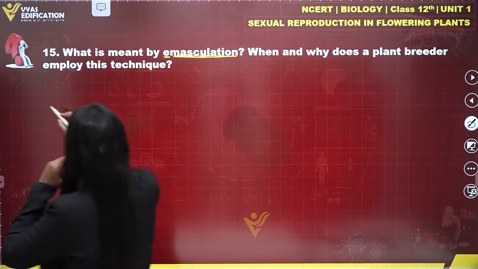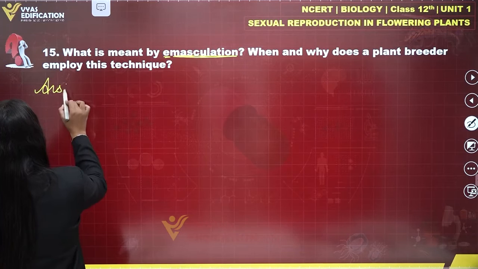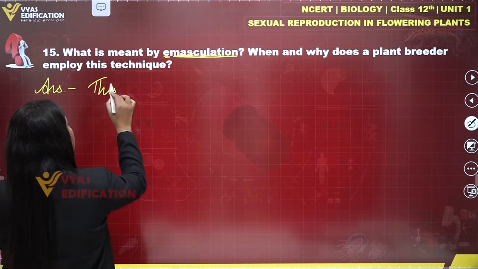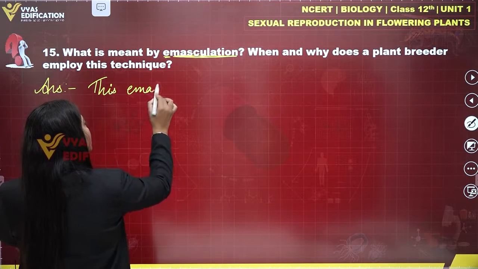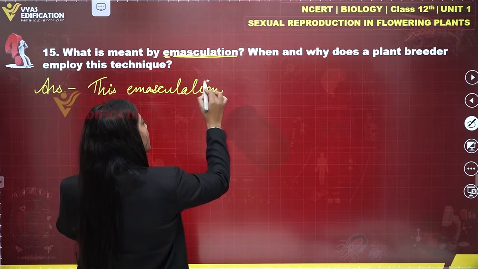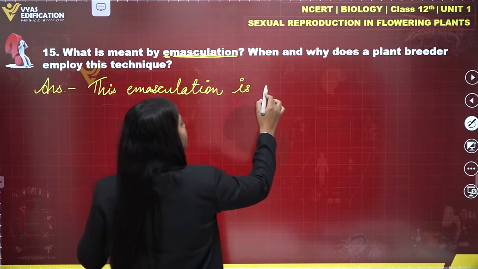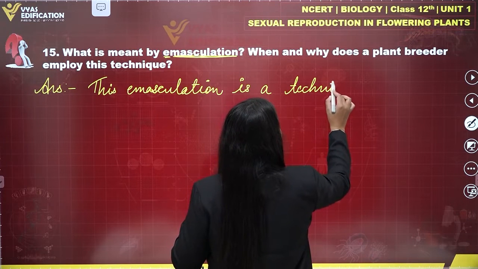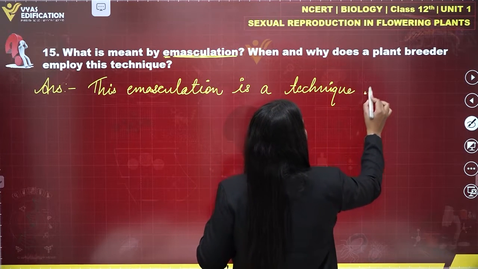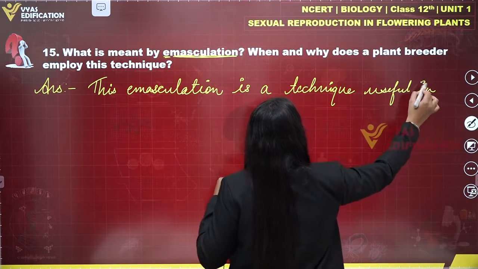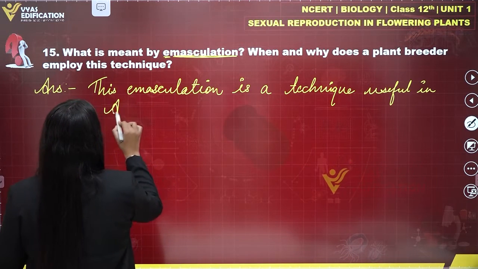So let's write the answer. Answer number 15. Emasculation is a technique useful in artificial hybridization.